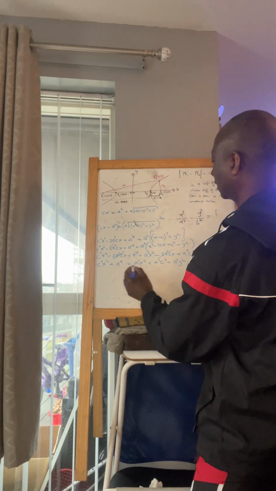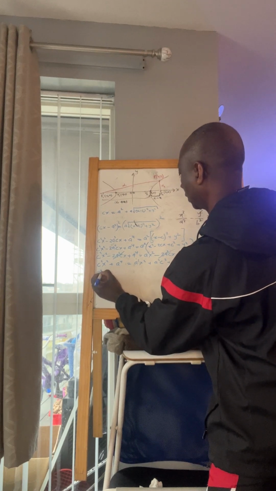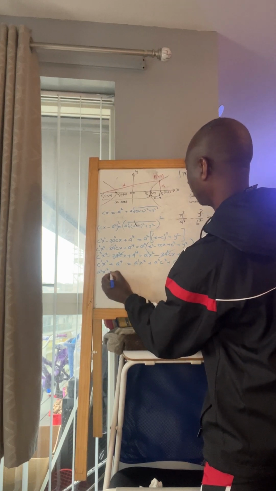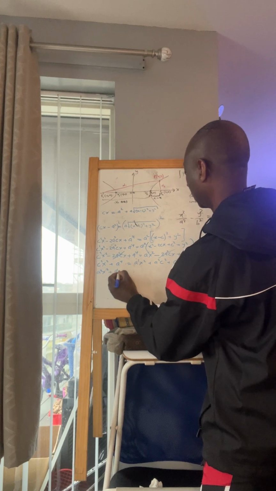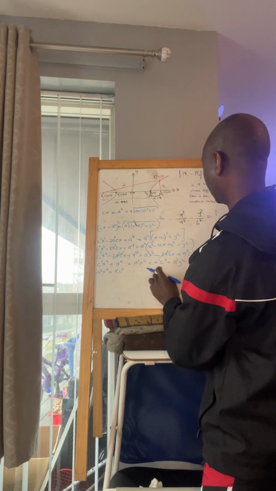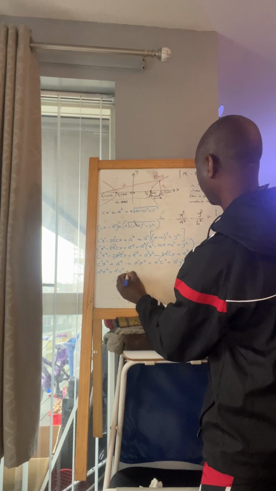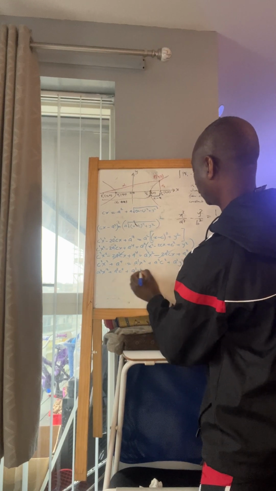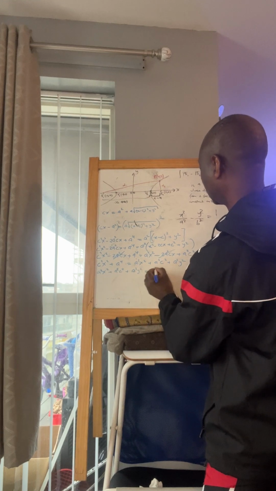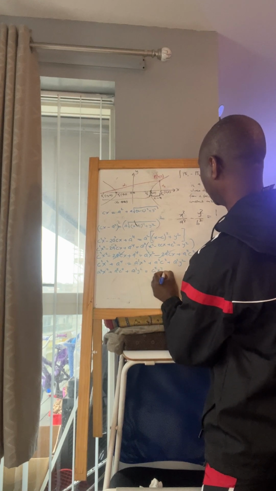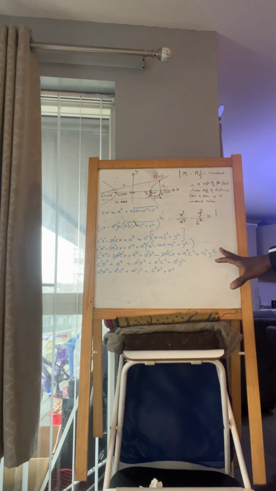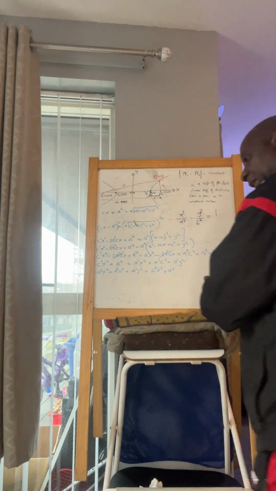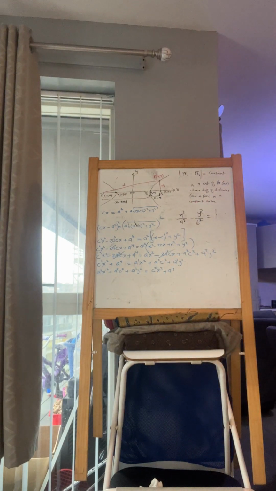In other words, a squared x squared plus a squared y squared equals c squared x squared plus a to the power of 4. It's the same equation, no sign changes. I just want to bring one on the left hand side and the other on the right hand side.